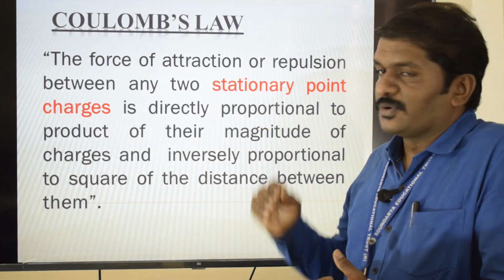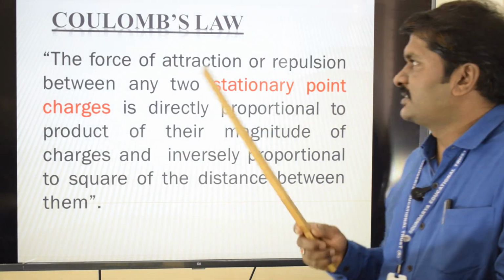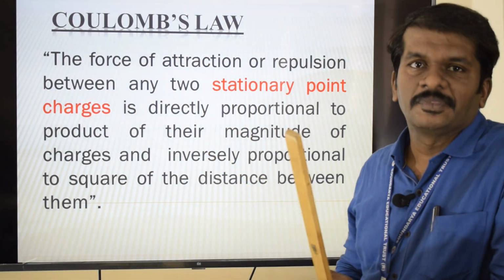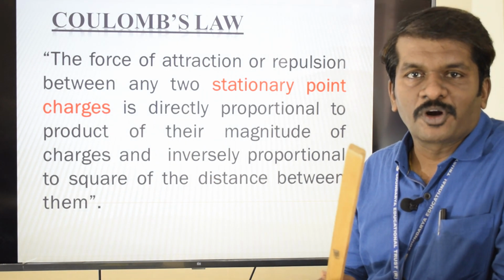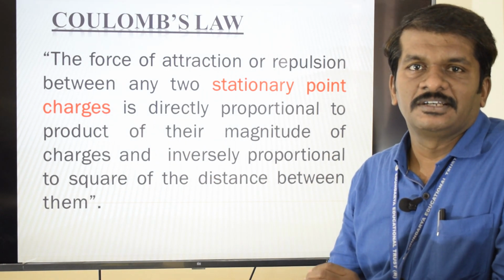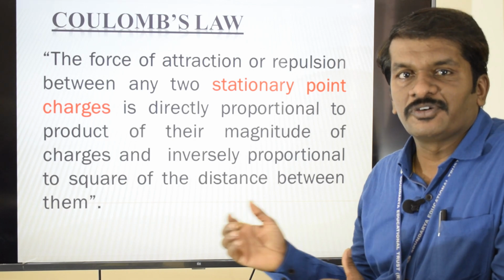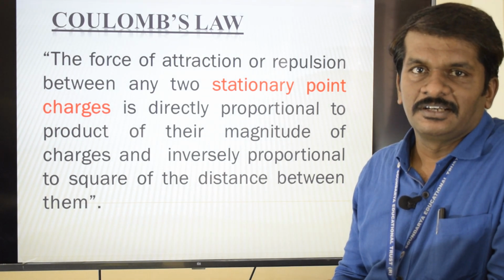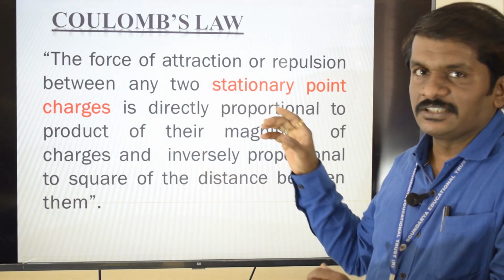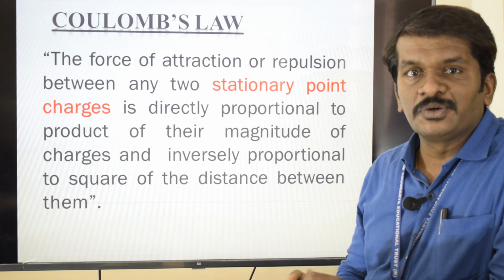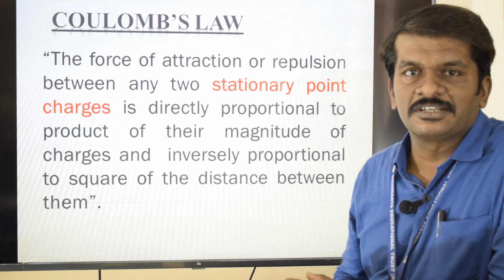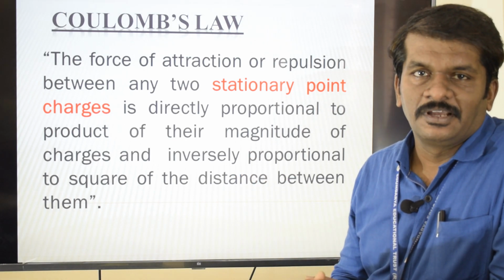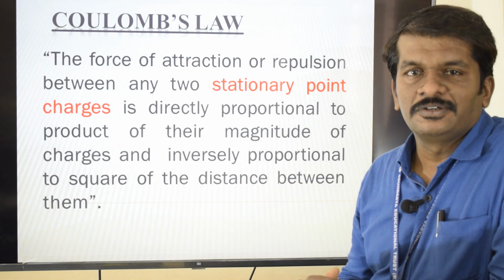According to Coulomb's law, the force of attraction or repulsion between any two stationary point charges is directly proportional to the product of their magnitudes of charges and is inversely proportional to the square of the distance between them. Just concentrate on the statement. He said that the force of attraction or repulsion between any two stationary point charges. That means we can apply this law only for stationary charges.